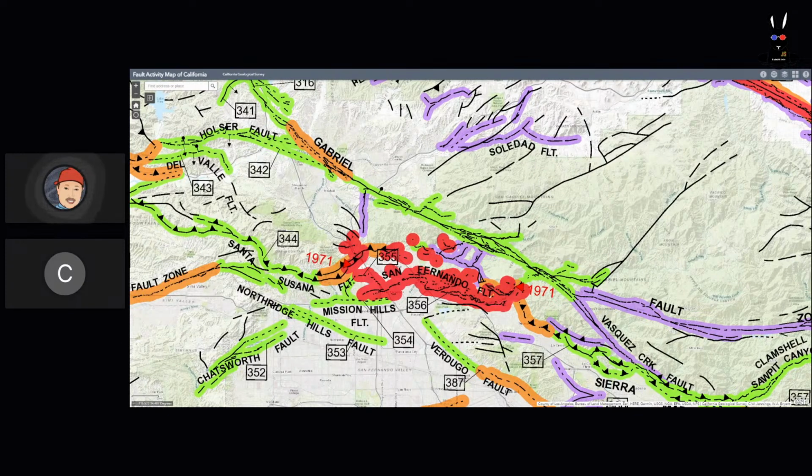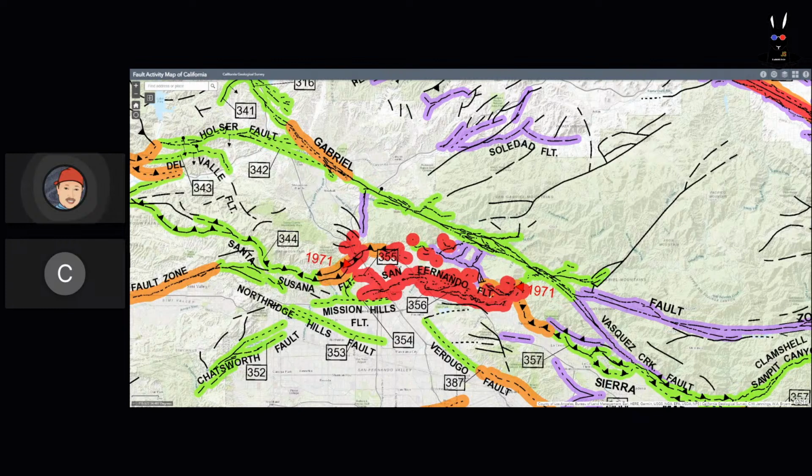Looking up the wiki to give me the location. They're pretty close, you're right. Bang. They're both on the 118. Okay, not too far apart.